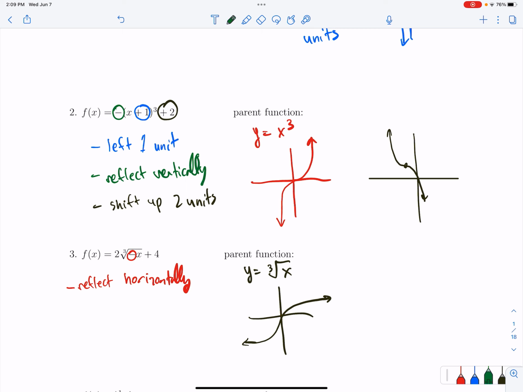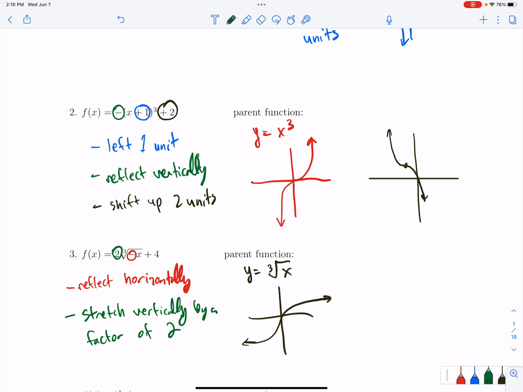Moving outward, I have this 2. This is going to stretch the graph vertically by a factor of 2. And what that means is all of the vertical components, in other words, all the y values, are going to get multiplied by 2.